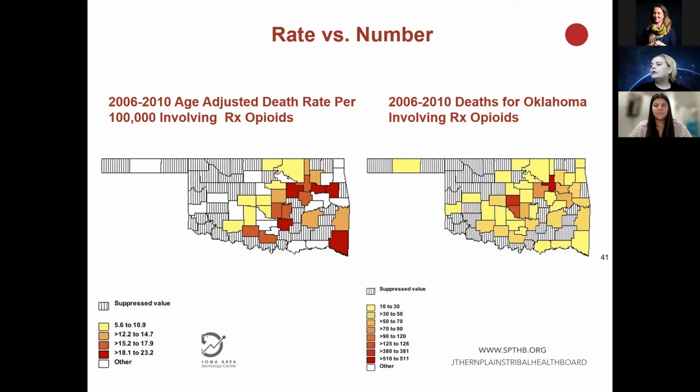And so when you're looking at piloting a program, in the southeast corner, the number of deaths were anywhere from 10 to 30. So when we're looking at arming first responders with naloxone, they may not have as many opportunities to administer that naloxone. And we really needed those data so that we could justify this program.